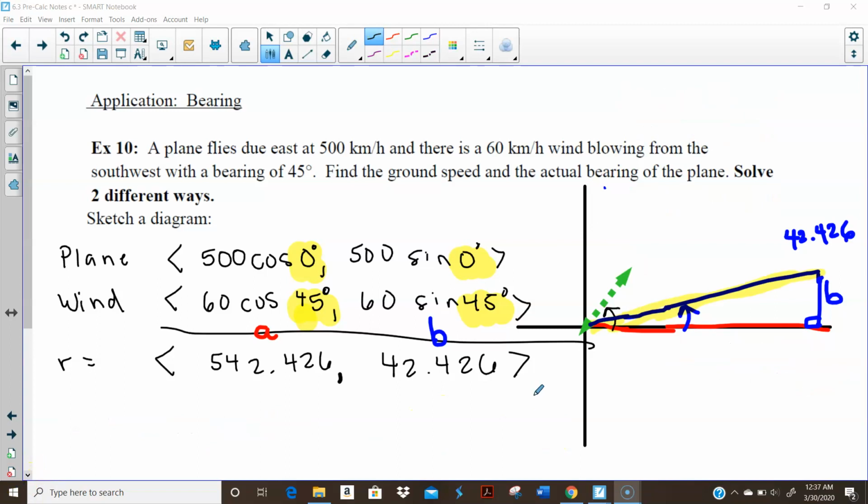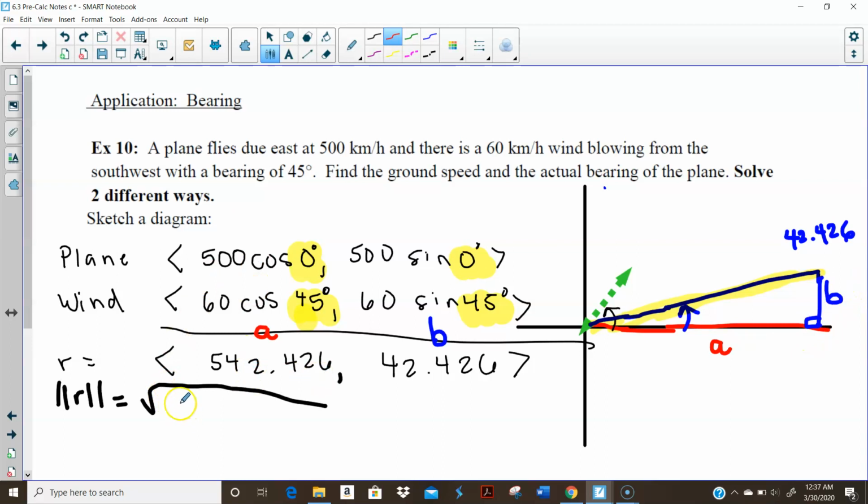So you can see the result vector I drew right here and highlighted. So that's the result that I get. Now to find the length of that vector, do you see how I have a right triangle? The magnitude is the actual length of the result. So to find the length of the result, I'm going to need to find the magnitude of the result. So the magnitude is going to be Pythagorean. You've got A right here, and you've got B right here.